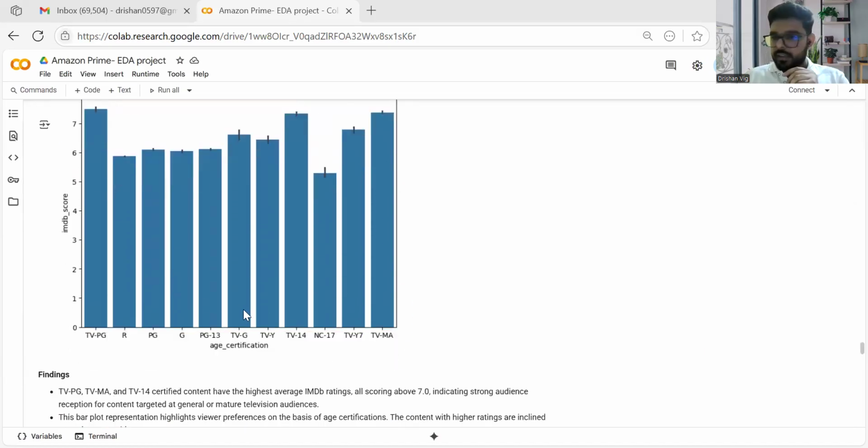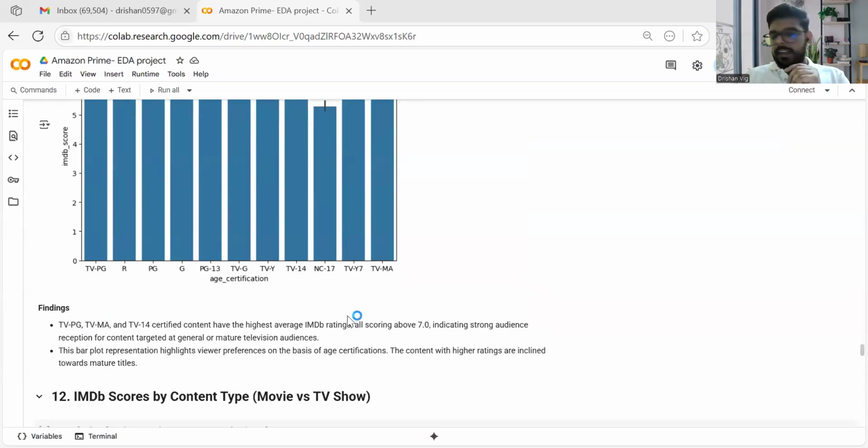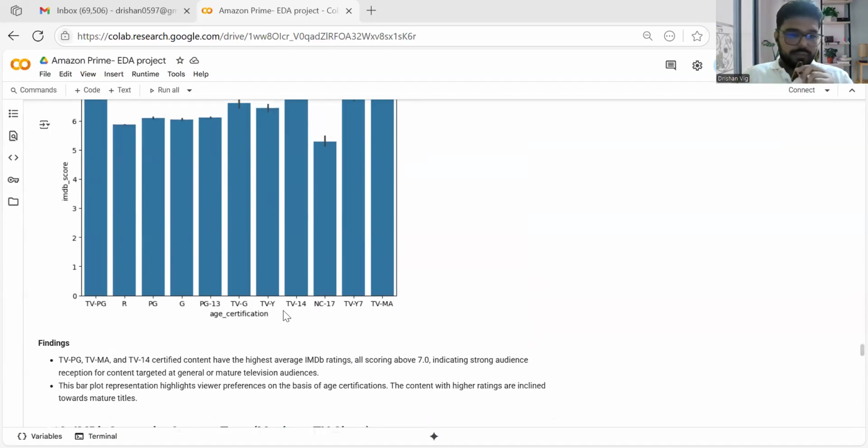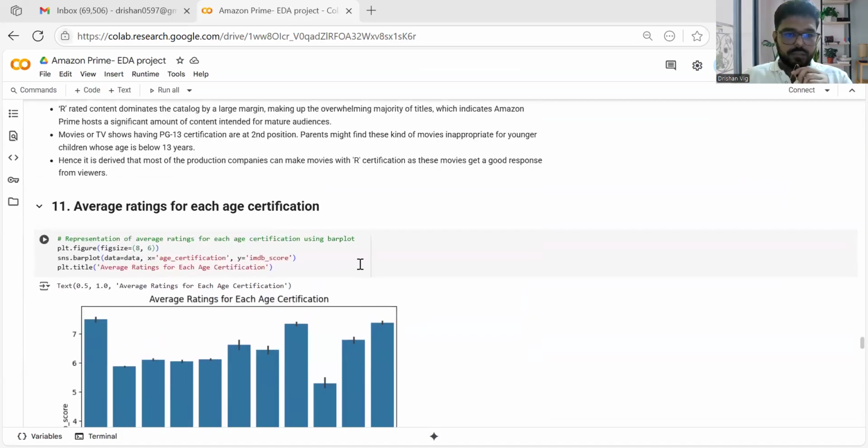So these three certifications have scored more than 7. It indicates that they have the highest average IMDb ratings. Okay, so basically it infers that audiences are more drawn towards mature television or family shows, right? General or mature television audiences are there. We can plot this visualization using a bar plot.